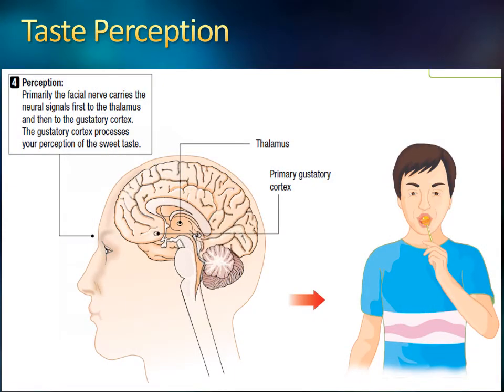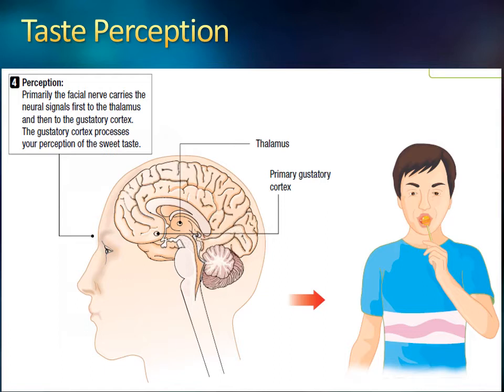So we're going into perception here. So step 4/5, depending on how you want to go with this. So we've got stimulus, reception, transduction, transmission, and then perception/interpretation. We go with perception. So perception is primarily, the facial nerve carries the neural signals first to the thalamus.